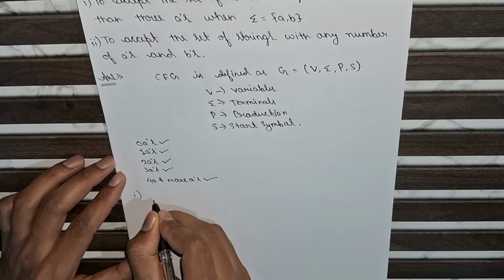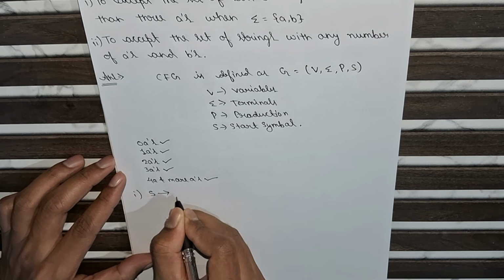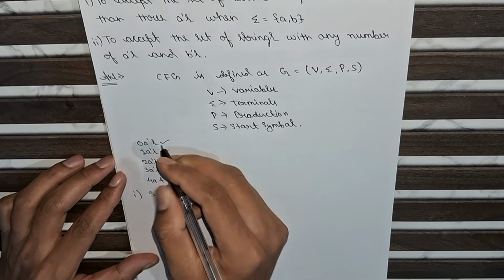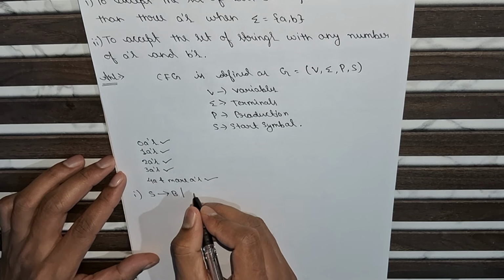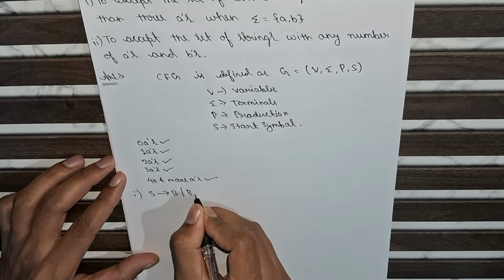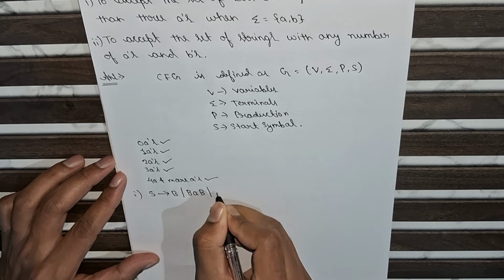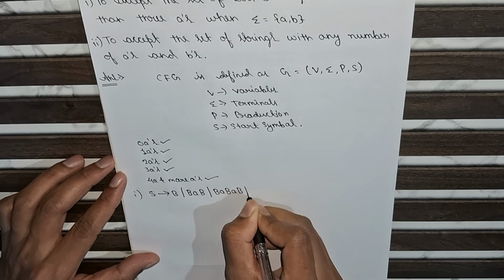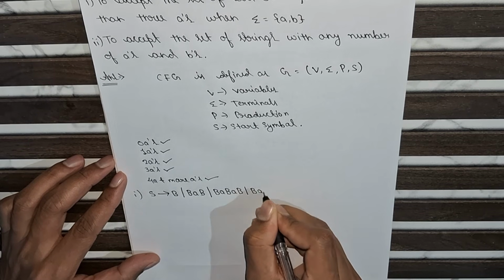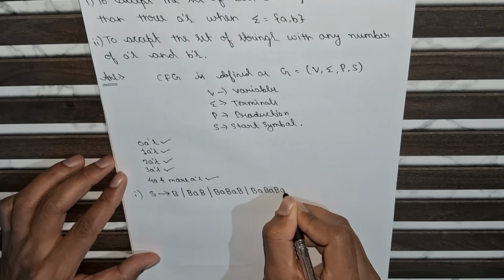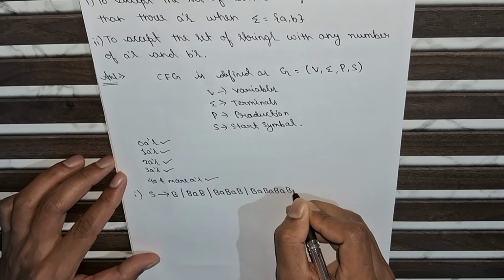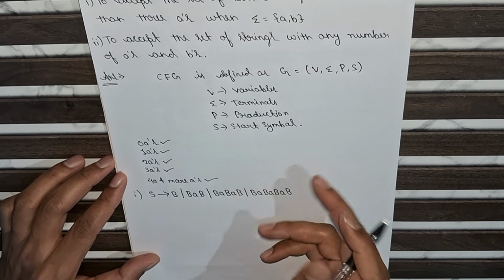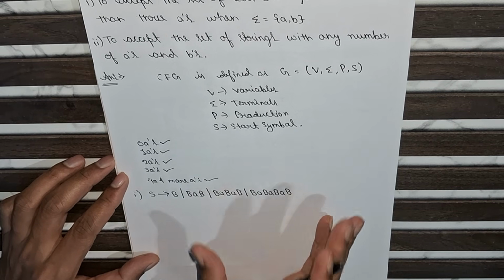For the first part, the grammar will be like this: S goes to B, and here 0 A's will be accepted by this language. Then we can write B A B for 1 A, then B A B A B, which is 2 A's, then B A B A B A B, and again here 3 A's will also be accepted by the language, but 4 A's are not accepted, so we will leave it here.